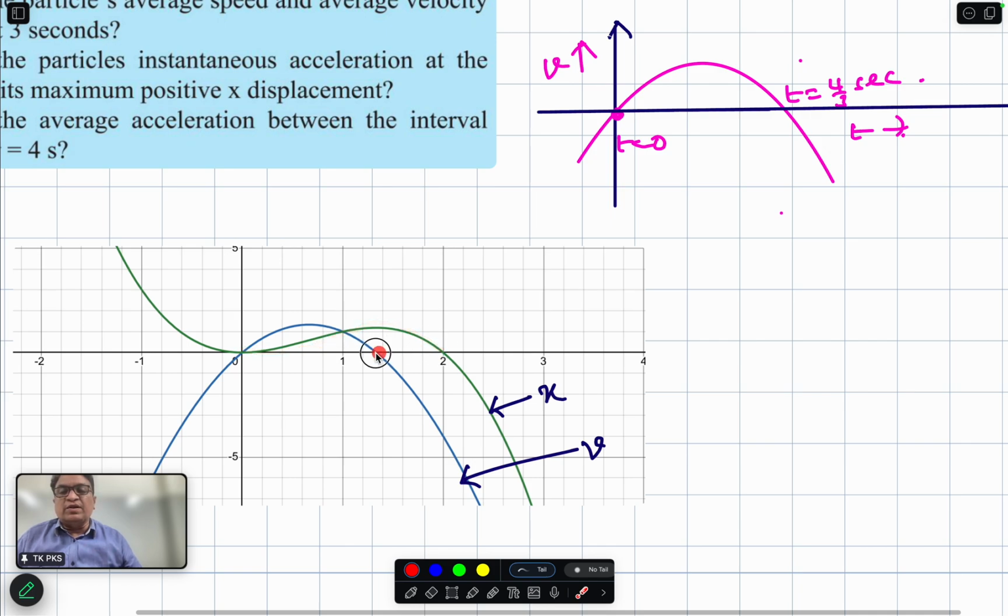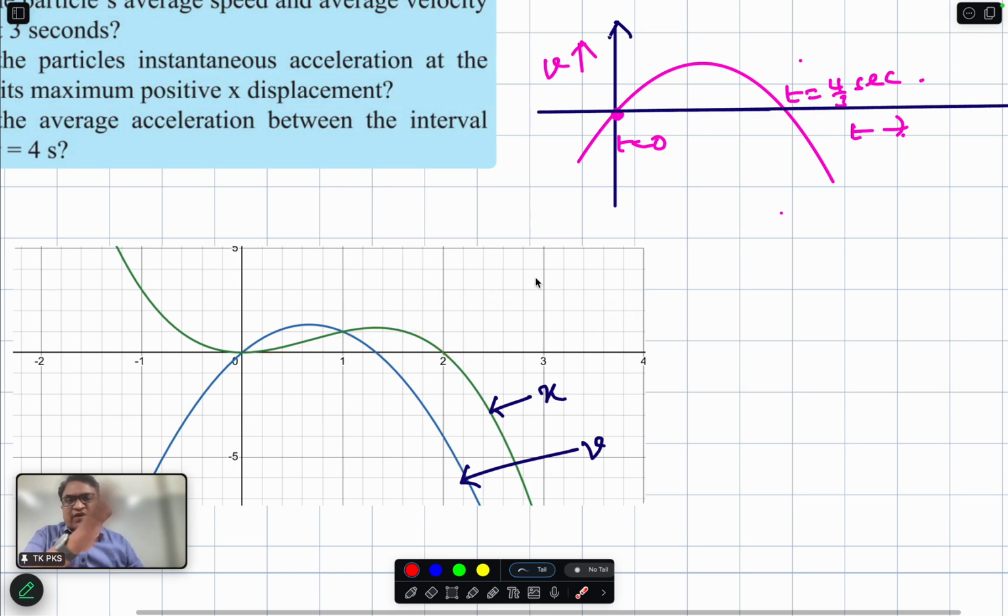Remember, even when velocity is 0, it is at positive x. The green color graph above the x-axis represents that it is in the positive x direction. Below represents negative x direction.